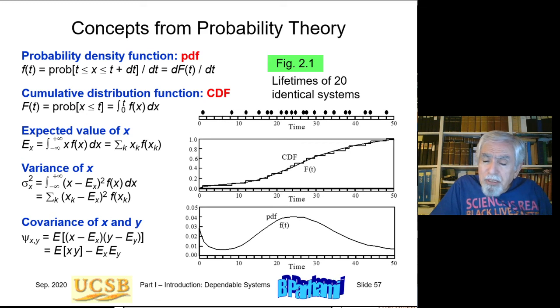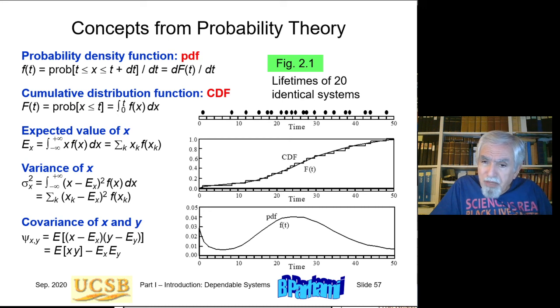If I plot the number of systems that failed, or the number of people who died up to a certain point, I get that CDF curve, the cumulative distribution function. It starts at 0, nobody has died at that point, and then eventually gets to 1, 100%.